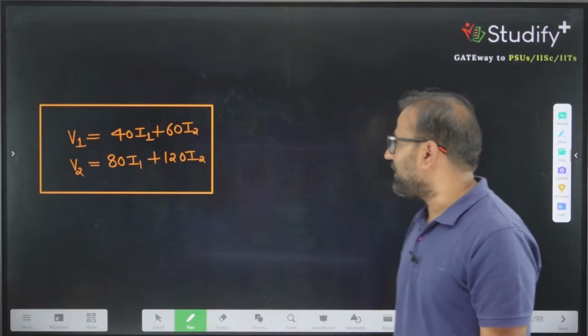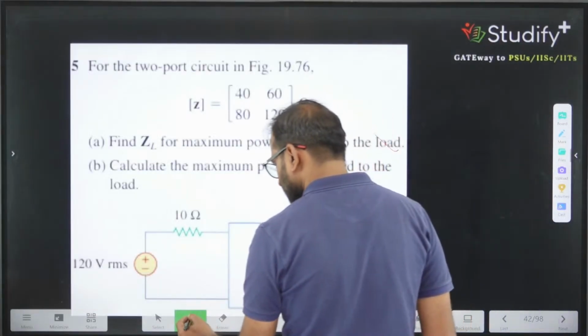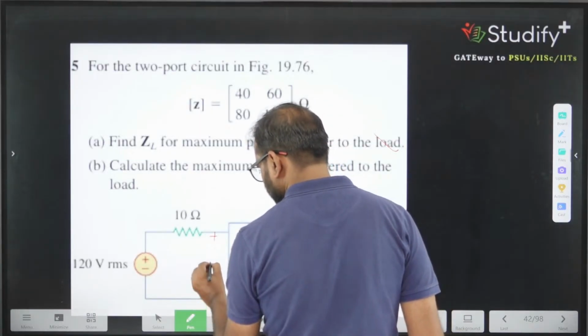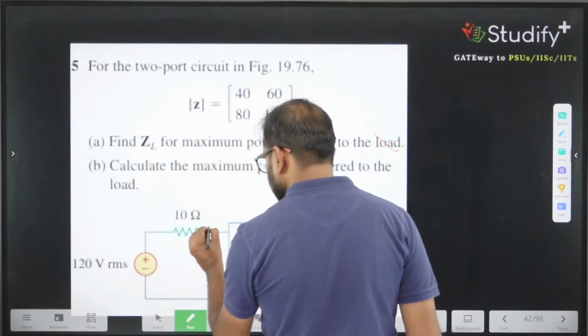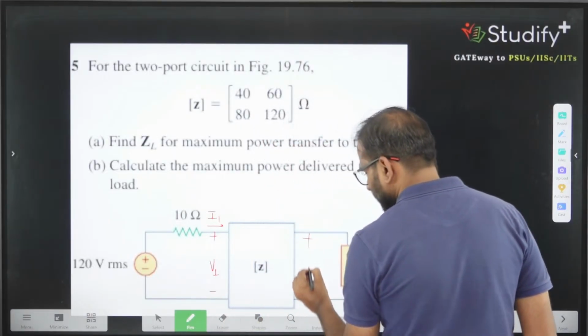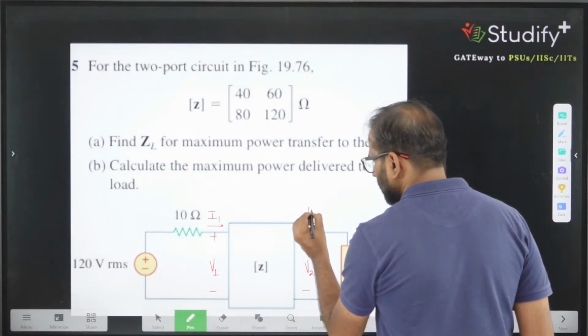What else is given? We call this V1, this value is I1, we call this V2, and this value is I2.